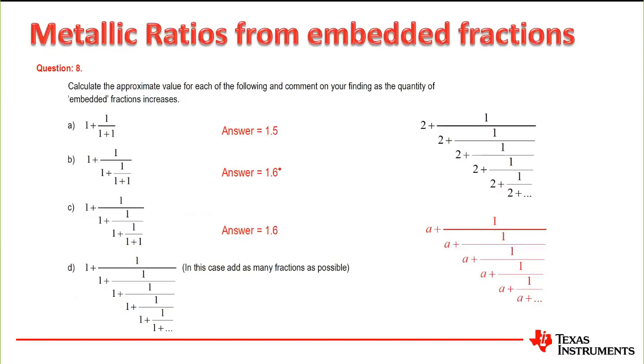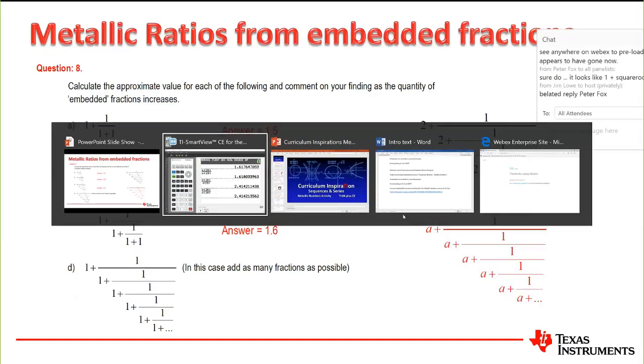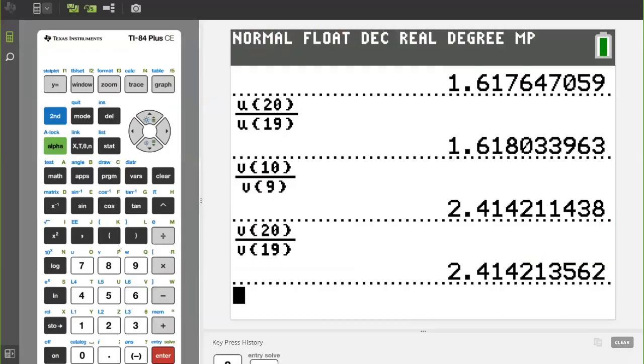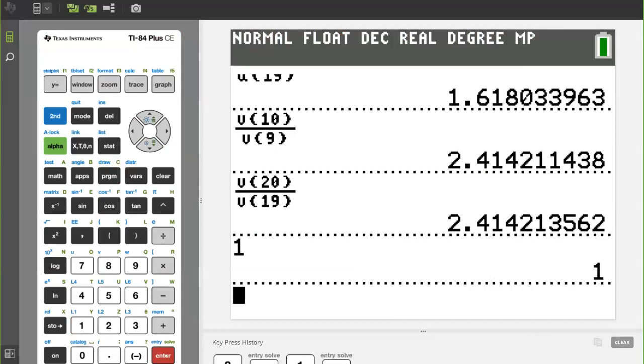How can we do that on the calculator? I'll just quickly show you. Whenever you do put in a value, put in the value of 1, there it is. I can now go 1 plus, let's go the reciprocal. Remember that fraction template up here?